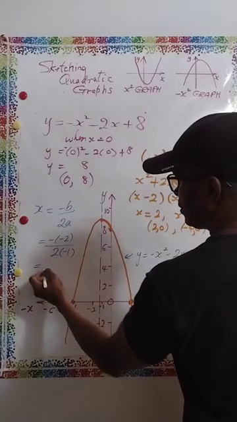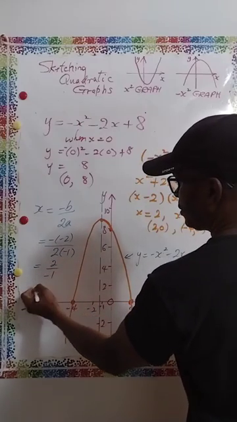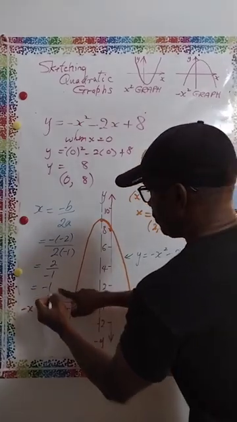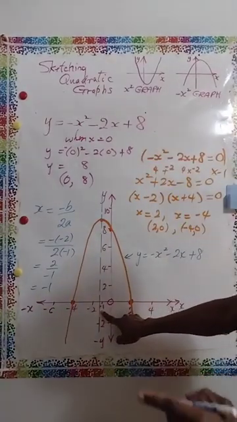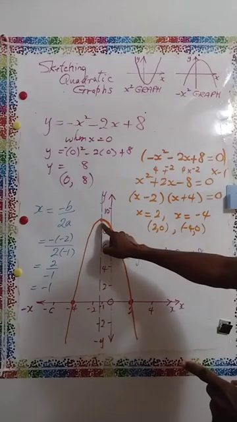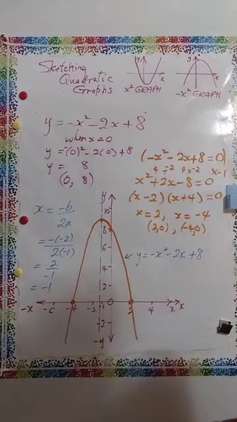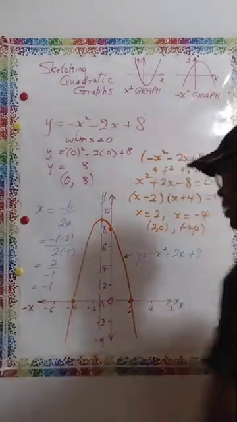So you'd have 2 divided by negative 1. It gives you negative 1. And we use that negative 1 to substitute into y to know where the highest point or the maximum point exists, where the graph is going to be turning. So please note what is happening here.